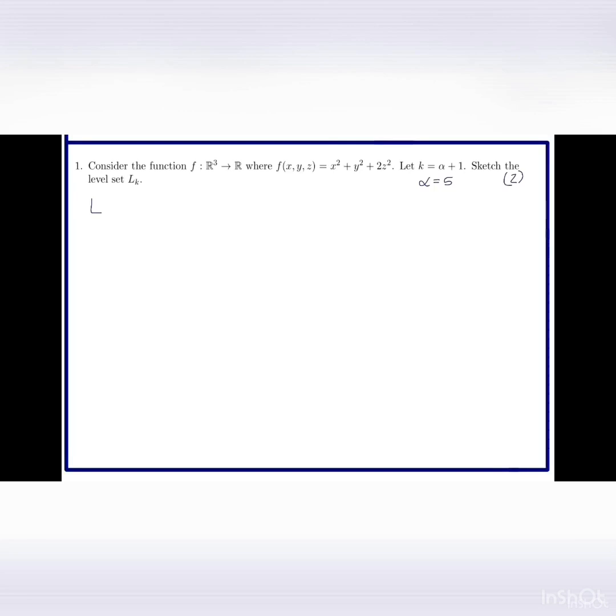So L6 is the set of x, y, and z in R3 such that x squared plus y squared plus 2z squared is equal to 6.